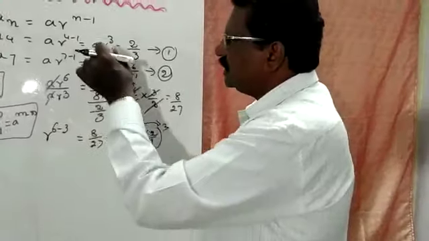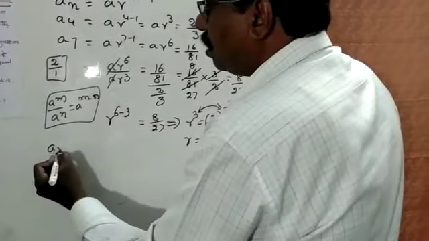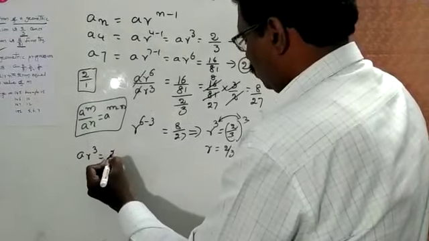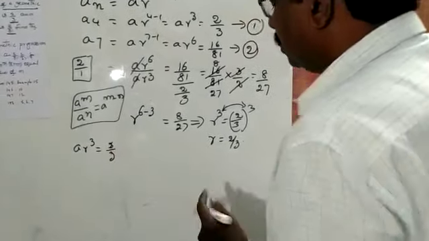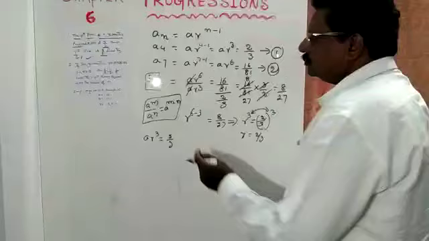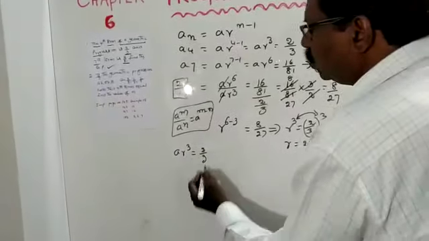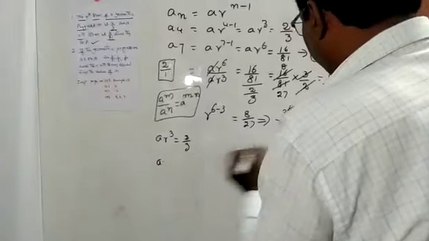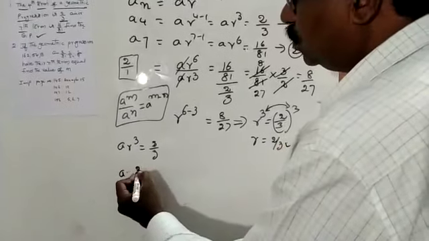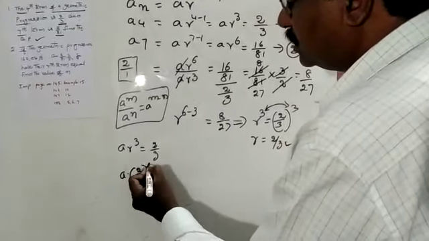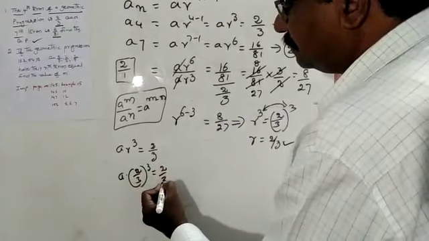Then you have to take the first equation. A into R cube is equal to 2 by 3. A into R cube is 2 by 3, and R is 2 by 3, so A into 2 by 3 whole cube is equal to 2 by 3.